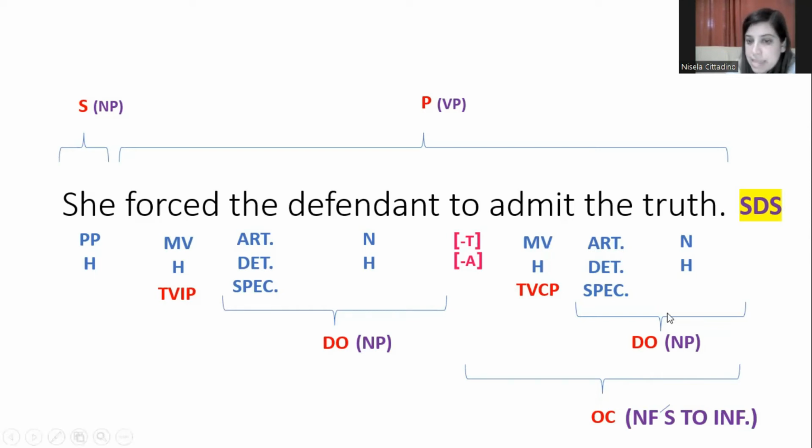So the truth is the direct object of the verb admit. The truth is also a noun phrase. The is an article, a determiner, and a specifier. And truth is the head and the noun of this noun phrase. And all of this is a simple declarative sentence. So up to here, we have corrected non-finite to-infinitive clauses.